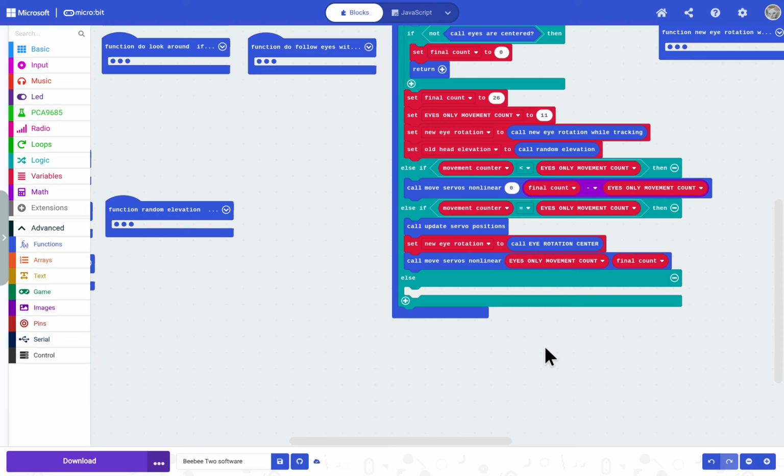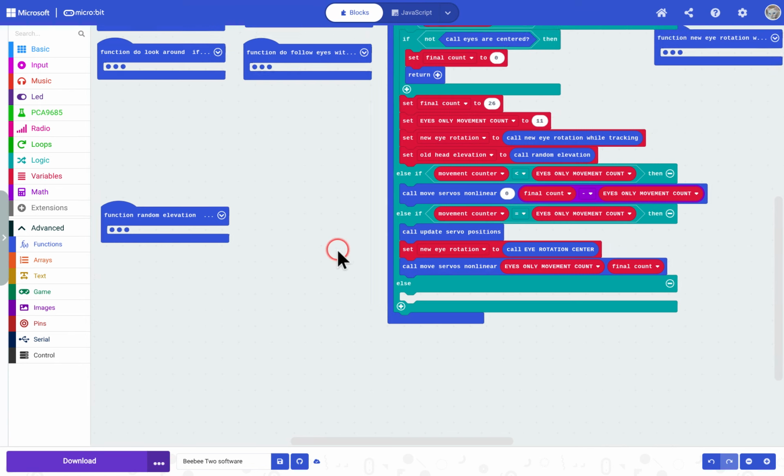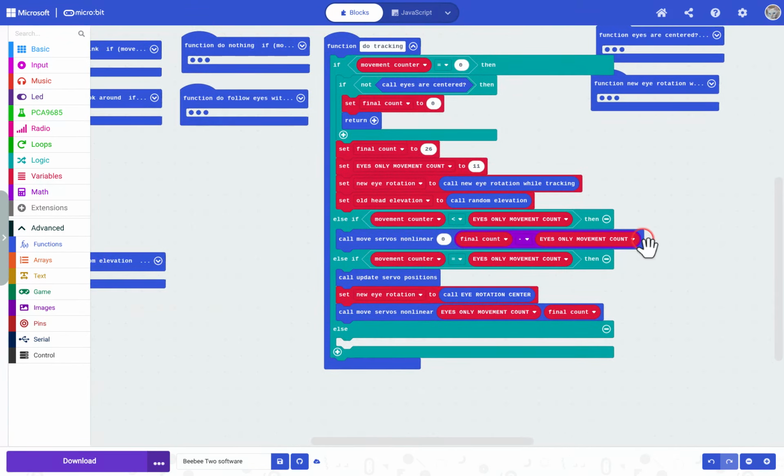If I just change my mind and I want to add some other movement to it, I'm covered. I'm actually covered because I'm using the functions that do all of the servos and not just a specific one or two. So that keeps me from making mistakes later. And those of you who have watched these videos already know that I make a lot of mistakes. So I'm going to try and keep myself from making more mistakes.